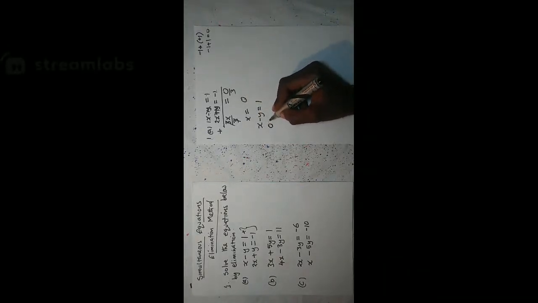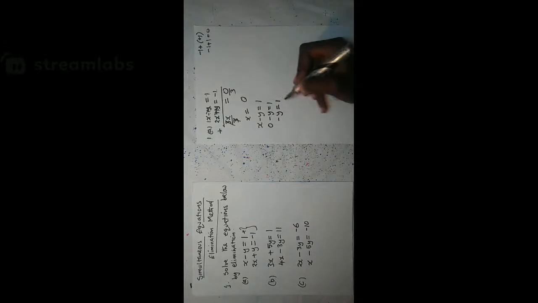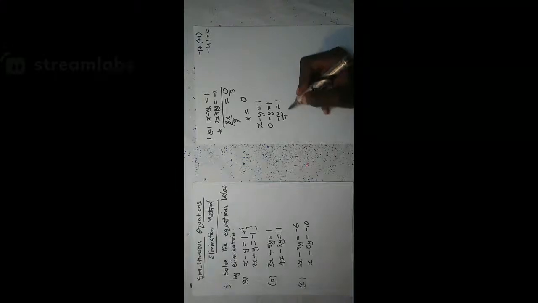So you're going to have 0 minus y is equal to 1. And so 0 minus y is just negative y, which is equal to 1. Remember, there's a 1 here, so you divide by negative 1, both sides, to get rid of this negative. So you're going to have y is equal to negative 1. So therefore, our two values are x is equal to 0 and y is equal to negative 1.